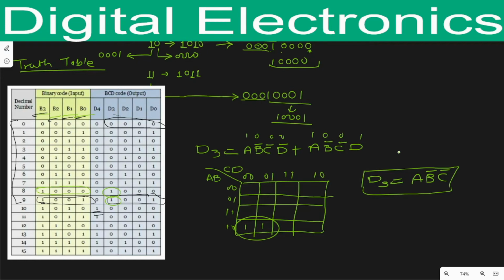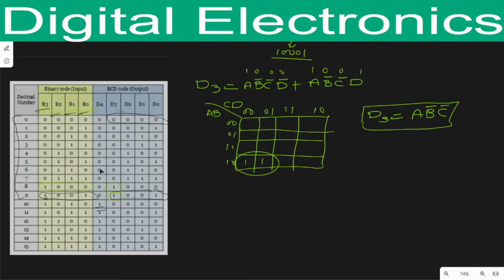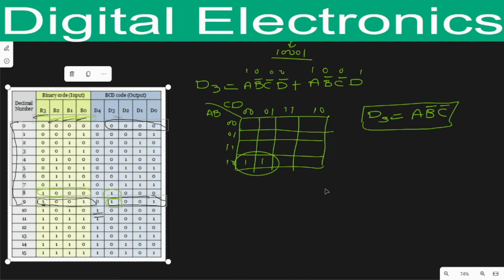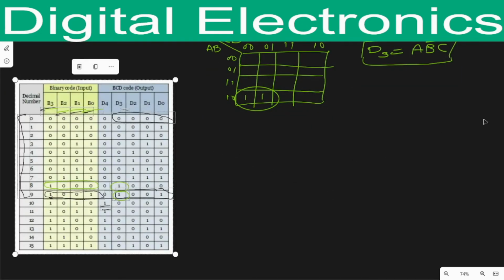Okay, suppose I am calculating the equation for D0 also. Here I am taking the equation for D0.